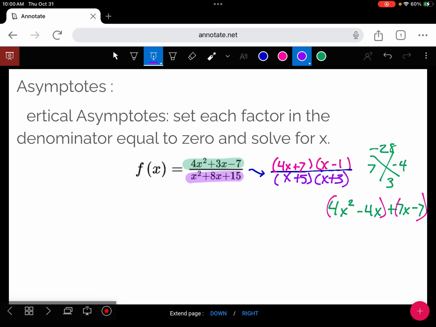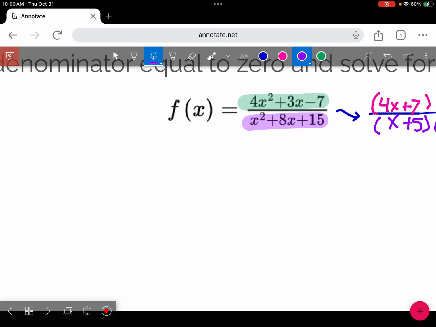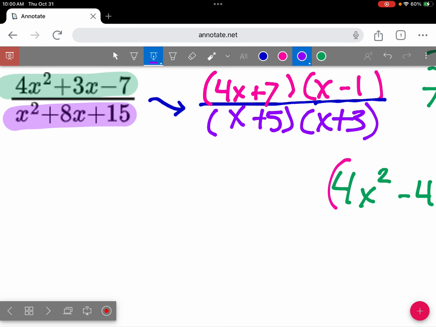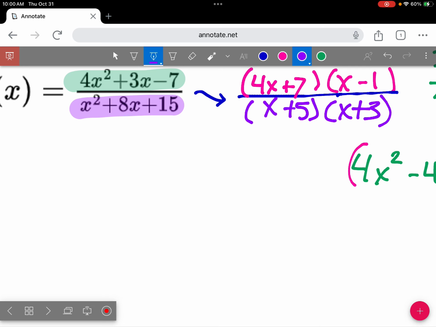So it's like the roots, but of the denominator piece. Only the denominator, because that's where we run into problems, because that would make our denominator 0, and we can't divide by 0. So when our denominator is 0, we have an asymptote. So where are our asymptotes going to be?